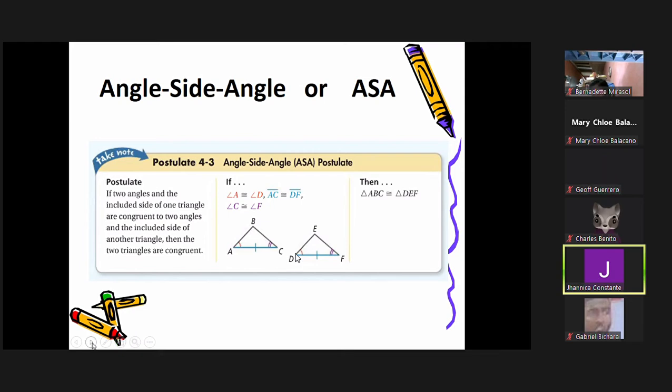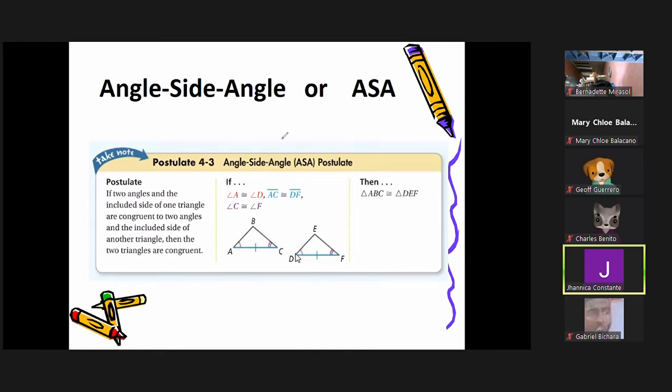If two angles and the included side of one triangle are congruent to two angles and the included side of another triangle, then the two triangles are congruent. So the side should be in the middle of the two congruent angles.